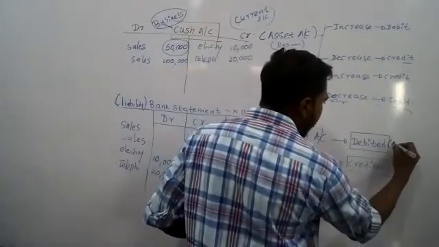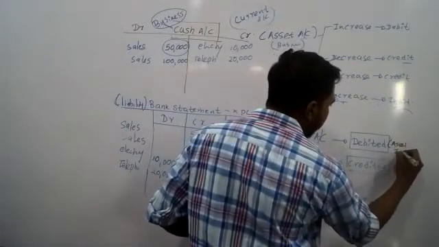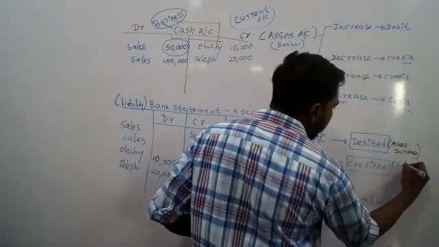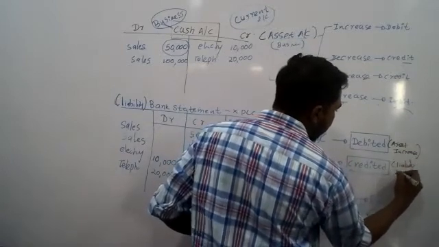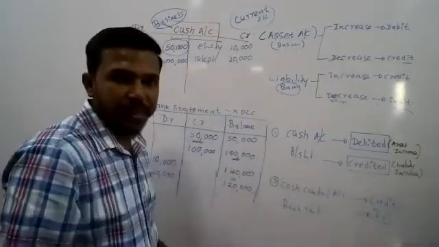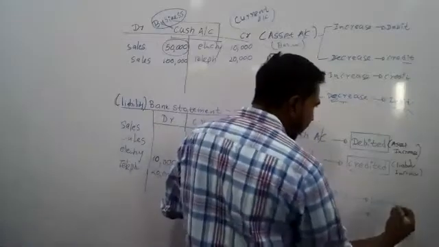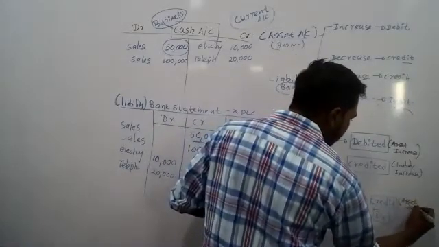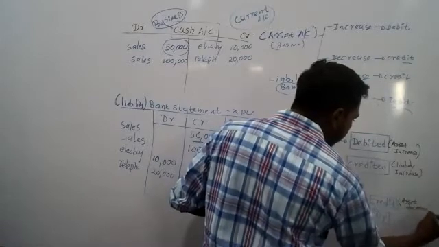This is why it's debited: this is an asset increase. Then this is a liability increase. Clear? Then cash control account credit means asset decrease.